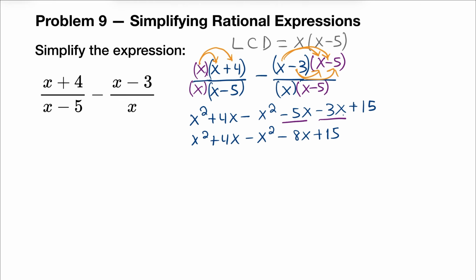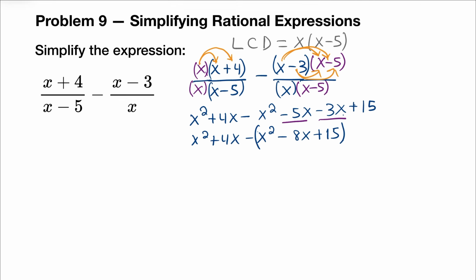Okay, and what I also want you to see is that since we are subtracting this second group, it will become this. So let me place parentheses around x squared minus 8x plus 15. Okay, so that's what's going on here.